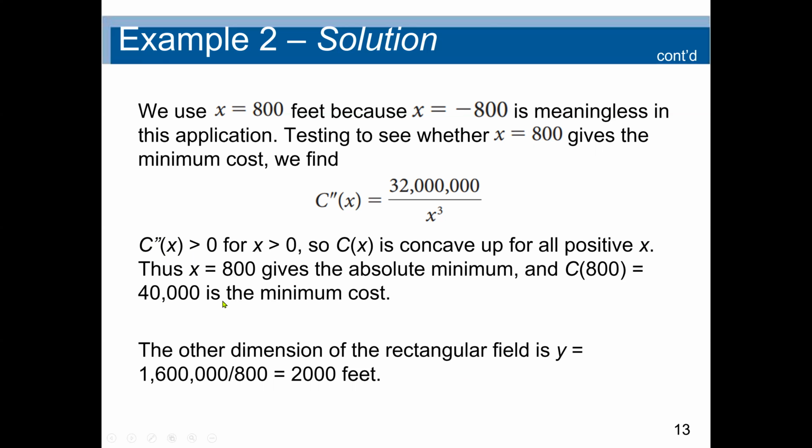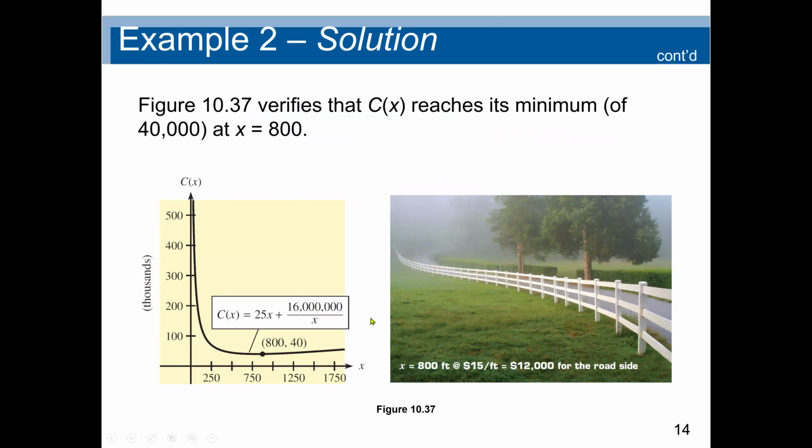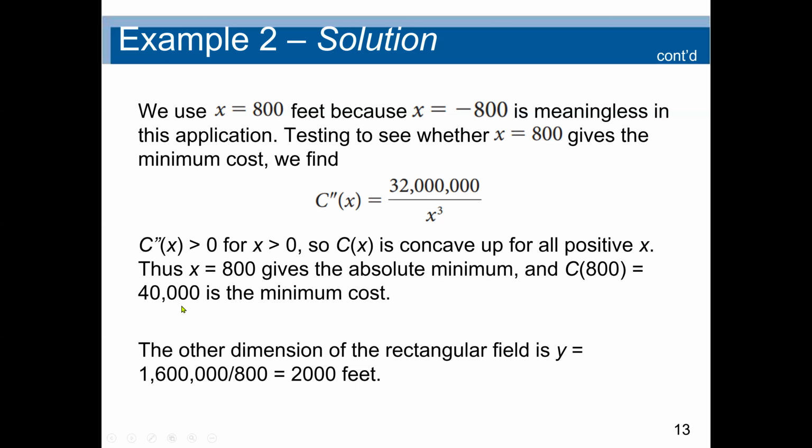So here, from here we're able to find the other dimension and the cost. So we know the dimension now. The area is 1,600,000, so we divide by 800, and that will give us 2,000 feet.